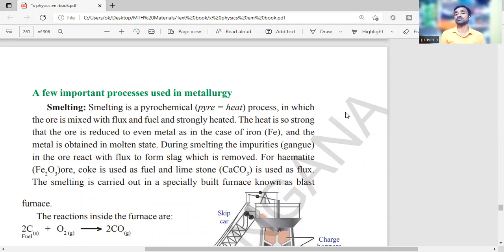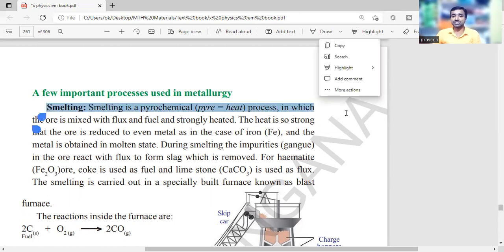Then smelting, roasting, calcination are pyrochemical processes. They require a high amount of heat energy. The reactions or processes which can be completed in the presence of heat are called pyrochemical processes. Here pyre means heat.